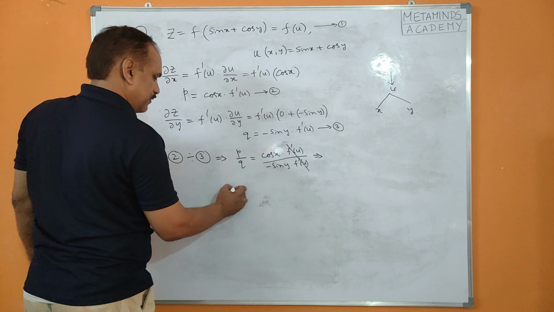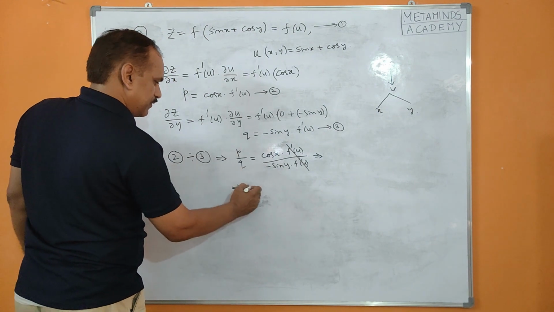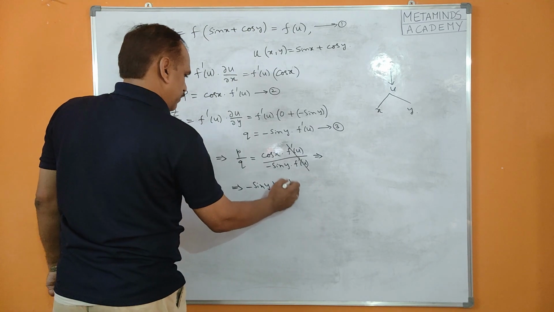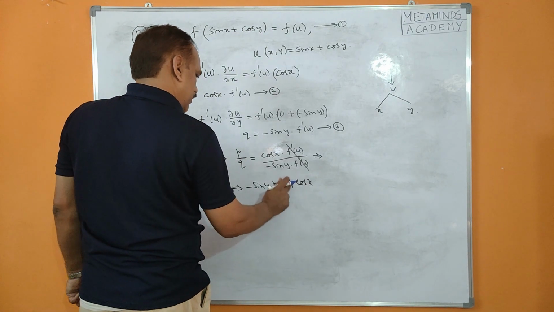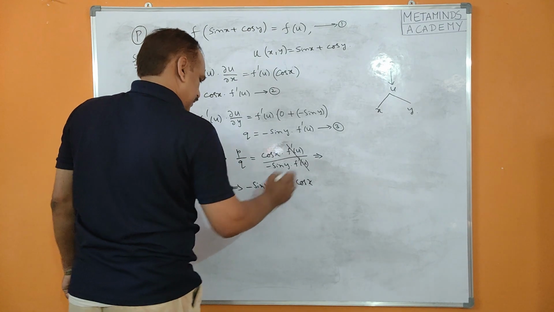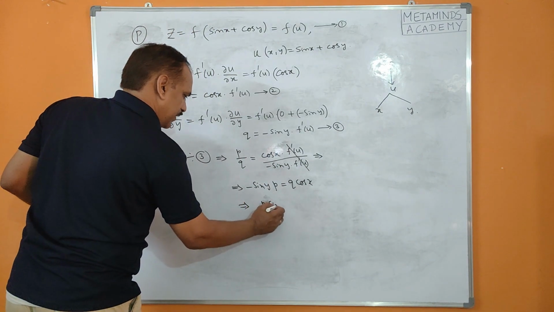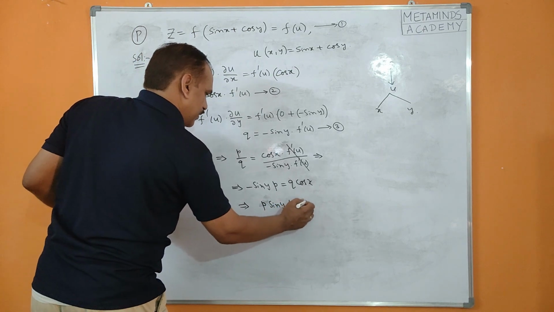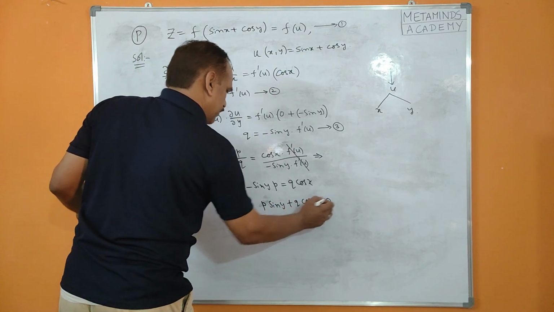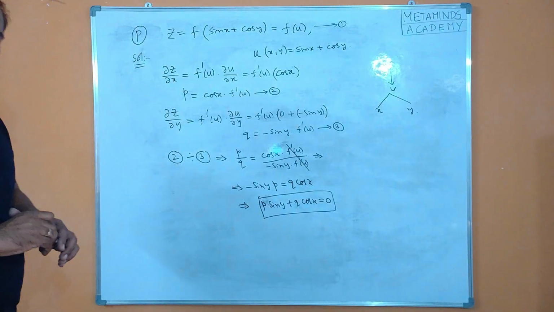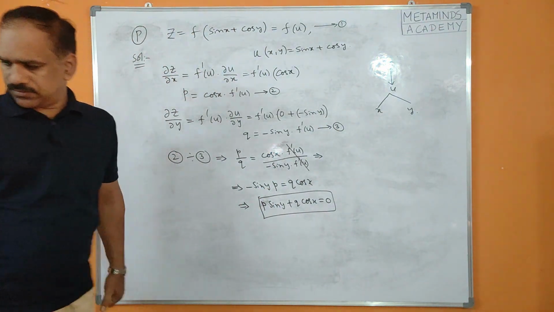This implies minus sin y into p equal to q cos x. So it is p sin y plus q cos x equal to 0 is the required partial differential equation.